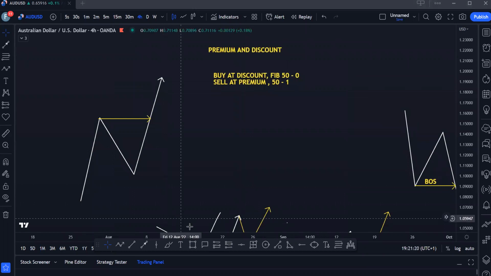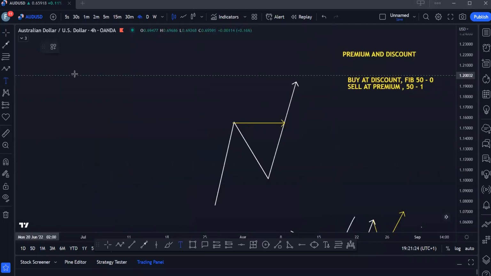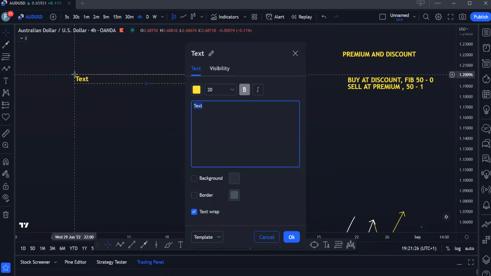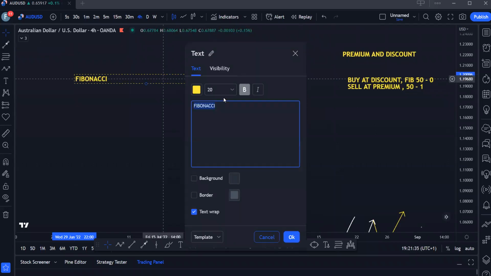When you take your Fibonacci, let me paraphrase, Fibonacci is simply geometry. We have something we call Fibonacci retracement and Fibonacci extensions.